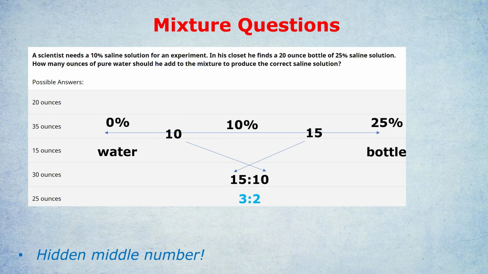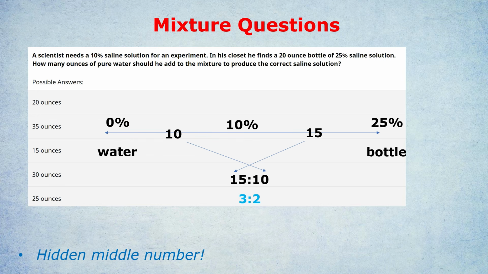That's our key ratio. But at this moment, I'd like for you to pause and think. This is when our method gives us the correct answer. But it's up to us to use that correct answer to finish off the problem. We know the ratio of water to bottle is 3 to 2.